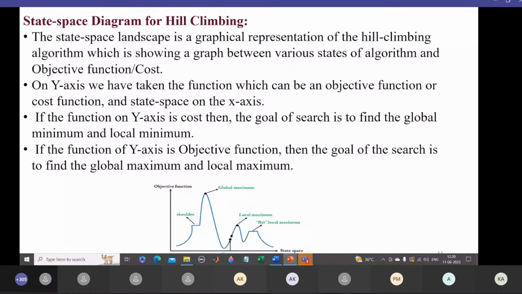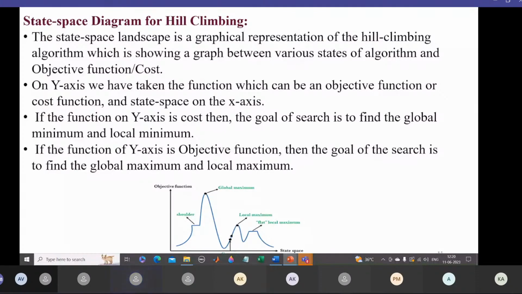So this is your representation of your hill climbing, and it is showing a graph between various states of an algorithm. Okay, we have it as the objective function, or it could be your objective cost. You can see in the y-axis we have the objective function. Okay, so y-axis can be taken as either objective or cost function, and the state space has to be taken in the x-axis.